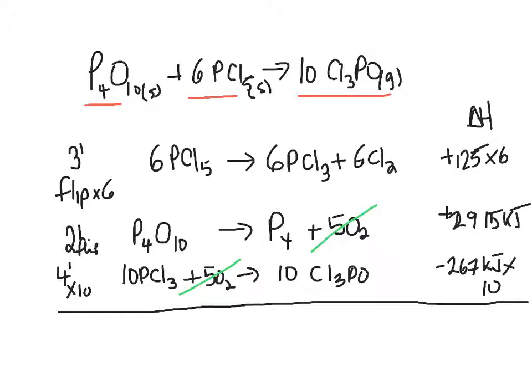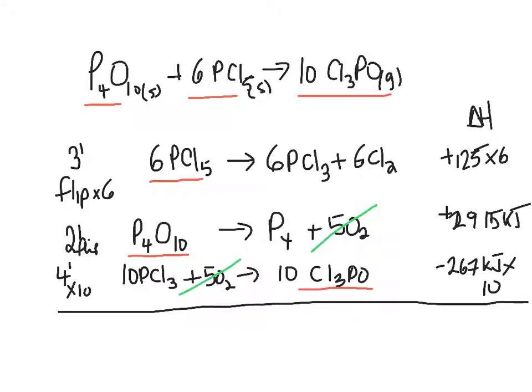They're gone, which is good because we don't have them in our overall at the top. What else do we need to get rid of? We want to keep this. We want to keep this. We want to keep this.